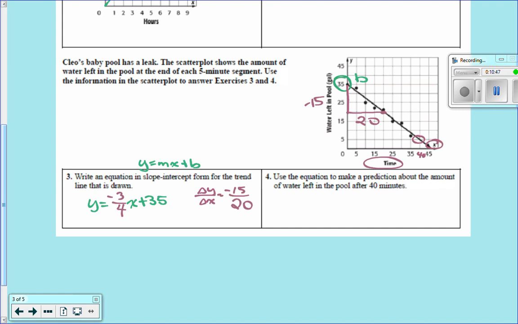So how are we going to determine 40 minutes? What are we going to have to do with our equation? If x represents minutes, time, and we want to know after 40 minutes how much water is left, this is your y, right? That's going to give us our answer. So what do we do with our equation? Yeah, we're going to plug it in. So in your calculator, you can put in negative 3/4 times 40 plus 35.